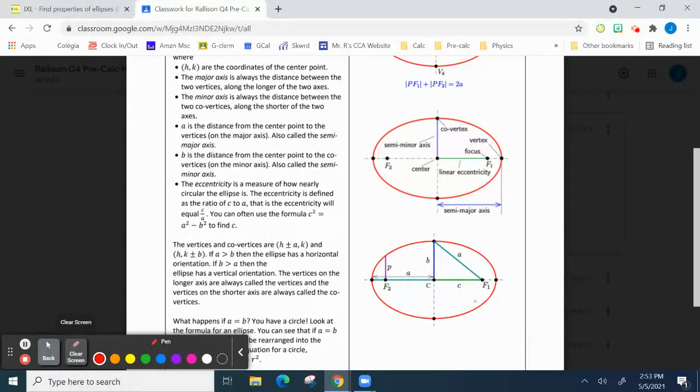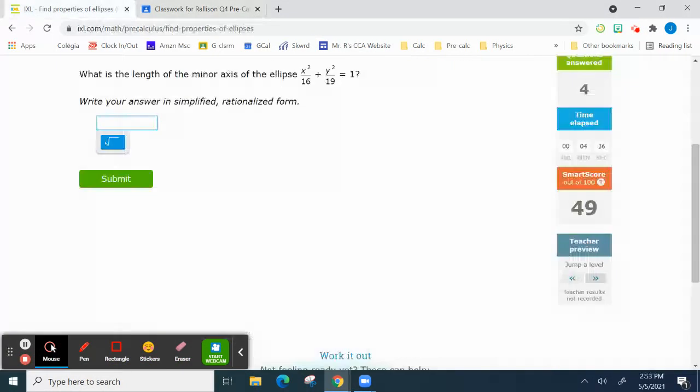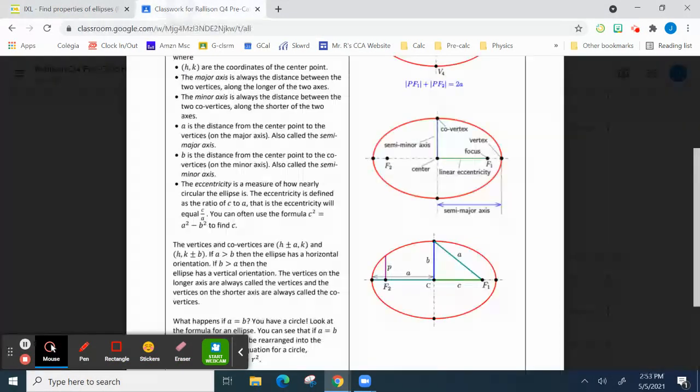What else? I don't even remember what the question was. Let's see. The length of the minor axis. So the major axis is this one.